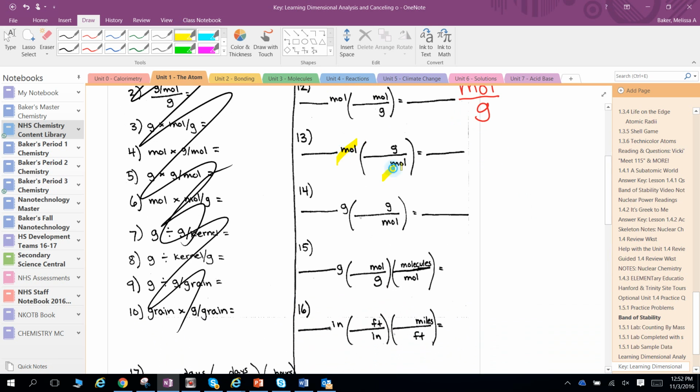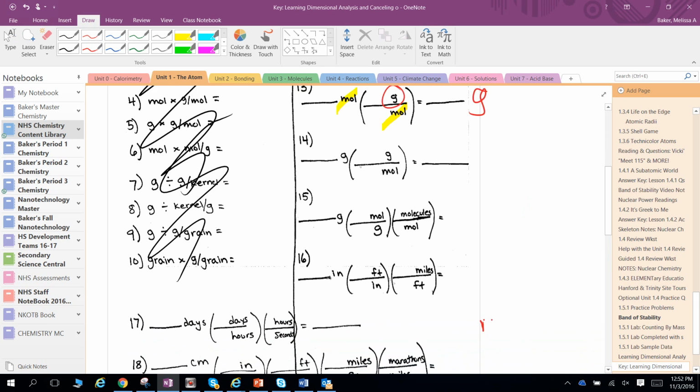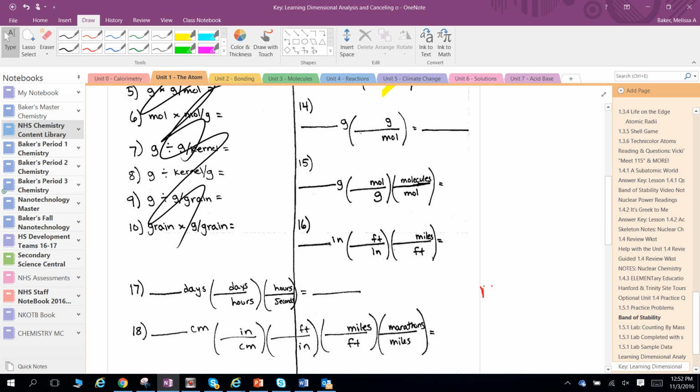You've got moles over moles, and you're left with grams. Number 14, another weird one. Grams times grams is grams squared over the moles. So that means something probably went wrong.